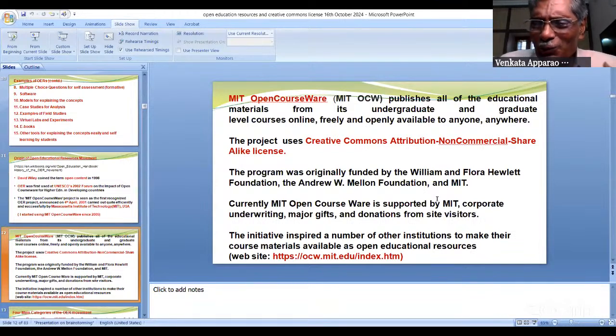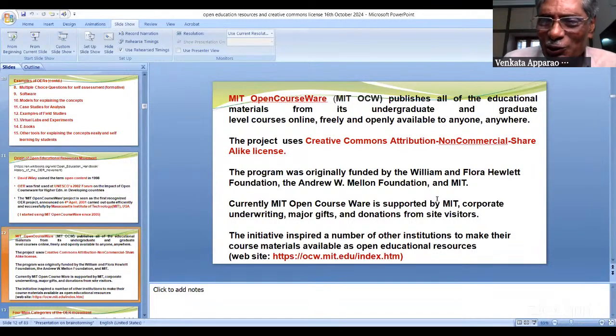They will have the record of all the users. Suddenly one day, I received an email from the MIT Open Courseware organization asking for a small donation. Then I sent about $125 in a humble way.